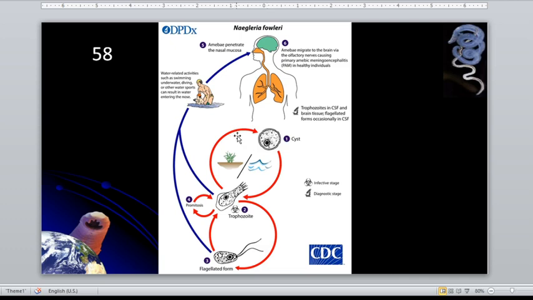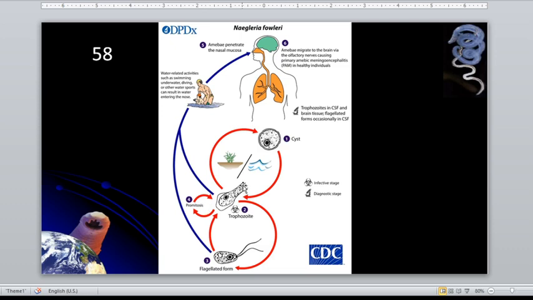As you can see here, it has three stages in its life cycle: the cyst, the trophozoite, and the flagellated form. The trophozoite replicates by promitosis. In promitosis, the nuclear membrane remains intact, unlike in mitosis, where the nuclear membrane does not remain intact. So that is the difference.